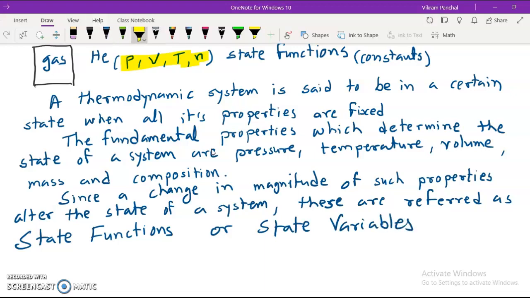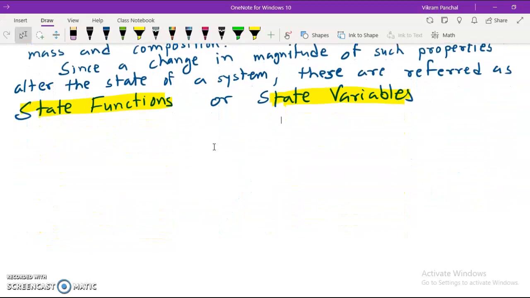We also call them thermodynamic parameters. So pressure, volume, temperature, these are known as thermodynamic parameters.